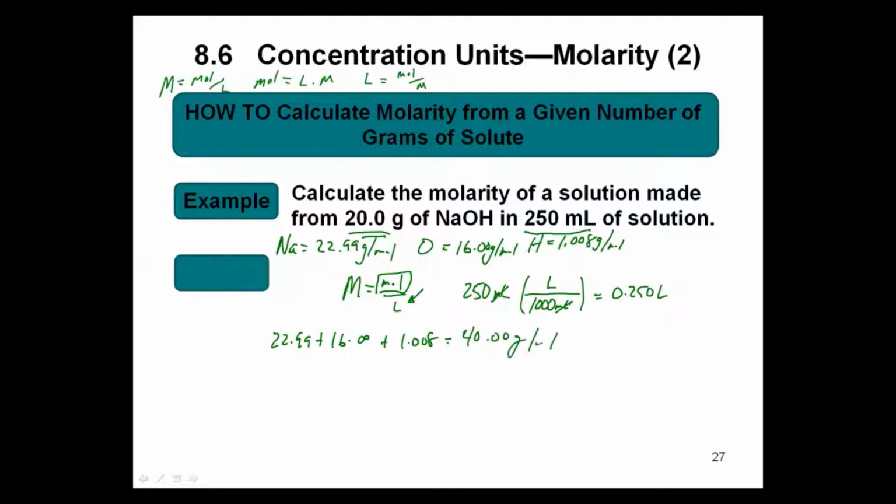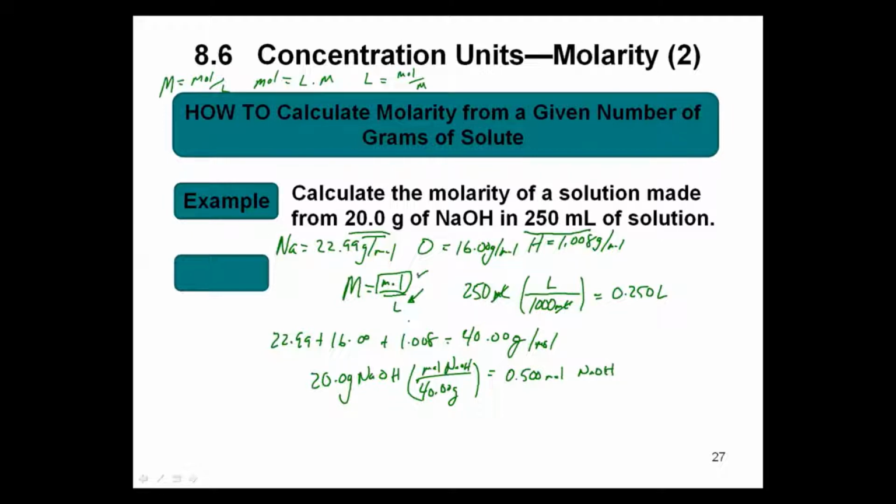And again, we're going to use that from the periodic table as a conversion factor. And that would mean that we would take our 20 grams of sodium hydroxide, we would divide it by the molar mass from the periodic table. And that will get us 0.5 moles. And that is the top part that we need.